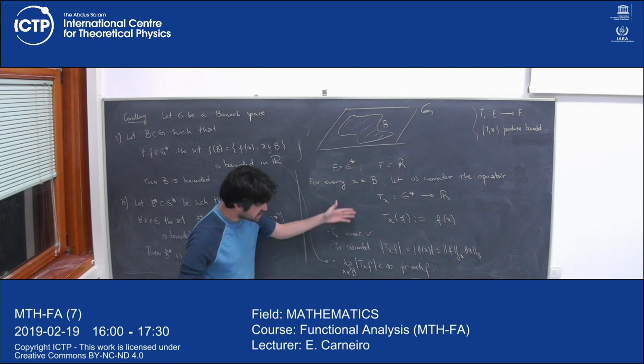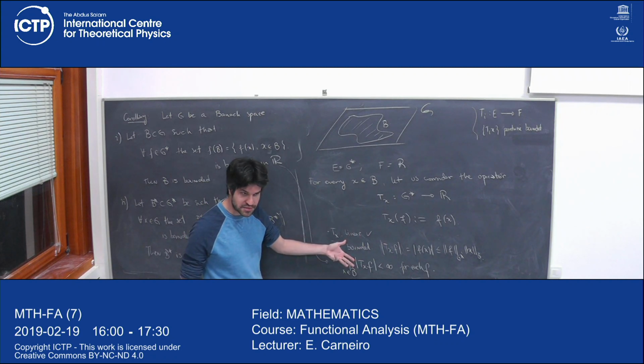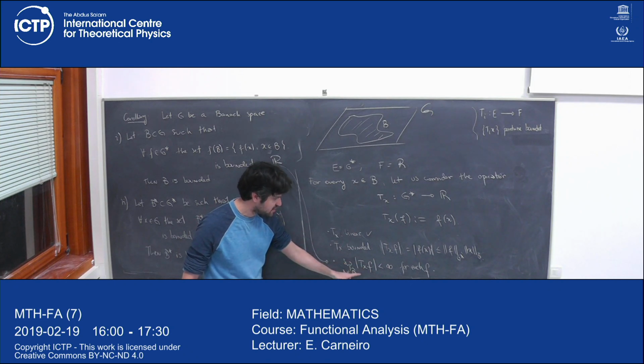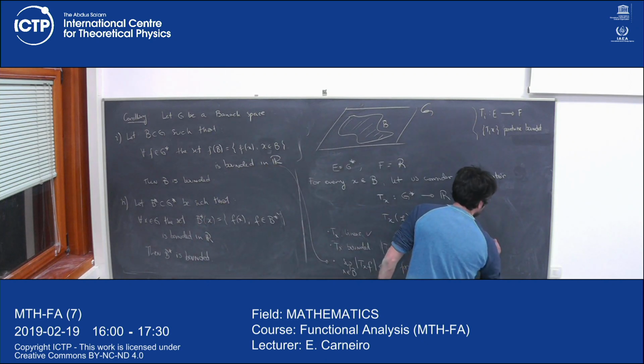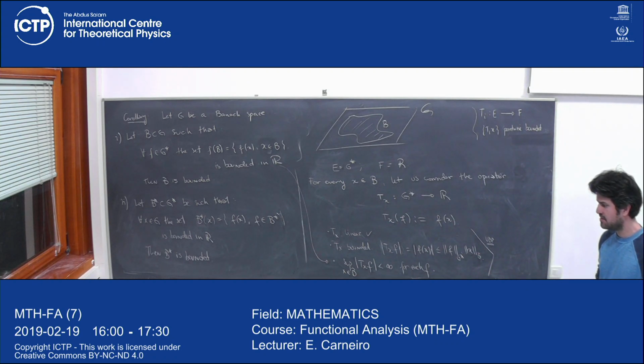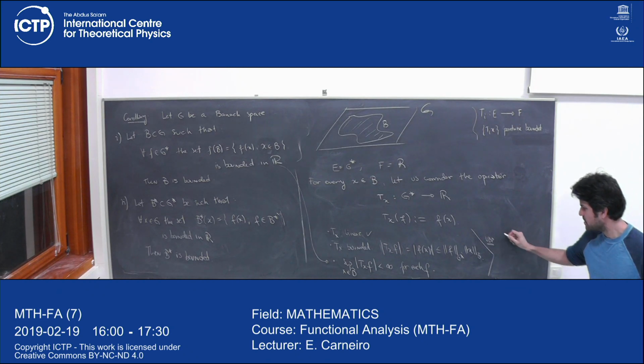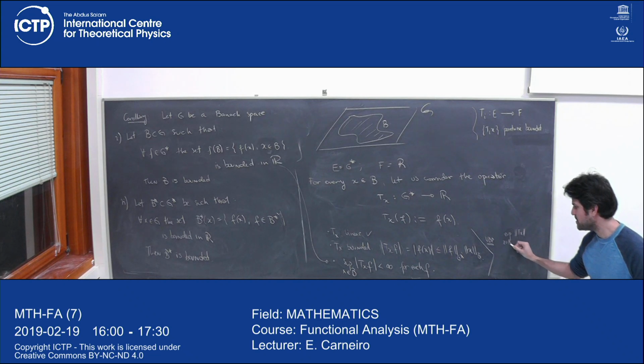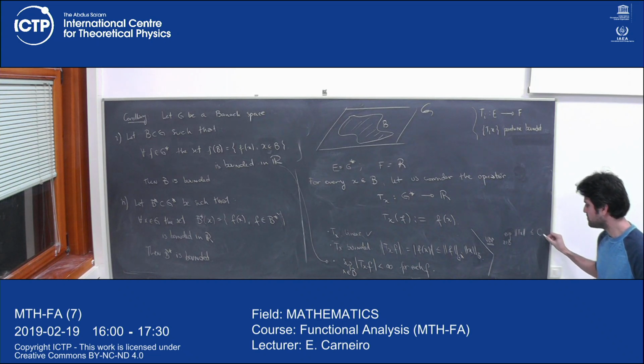Okay, so now I can apply the uniform boundedness principle. Remember, x here is just the set of indices. f is actually my element, my pointwise guys. So by the uniform boundedness principle, or the Banach-Steinhaus theorem, the sup of the operator norm of Tx, when x runs over this B, is bounded.